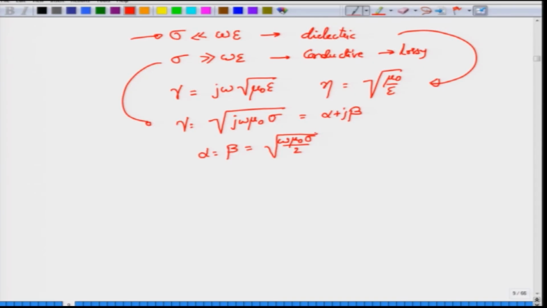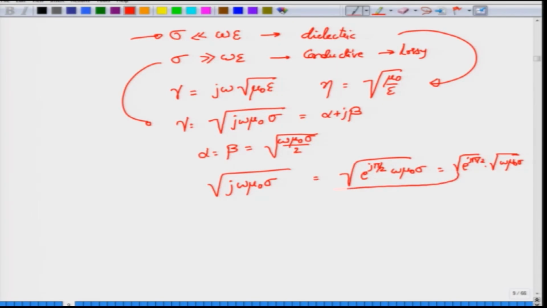Why is this? Because I can write the square root of j omega mu naught sigma as the square root of e power j pi by 2 times omega mu naught sigma. This can be written as the square root of e power j pi by 2 times the square root of omega mu naught sigma, and the square root of e power j pi by 2 is basically e power j pi by 4, which is actually 1 plus j by root 2, okay.